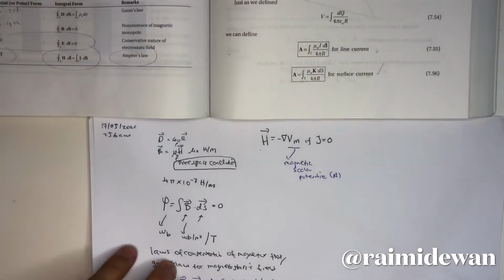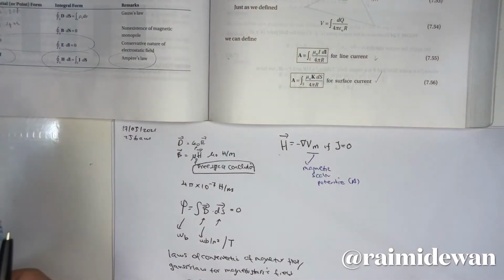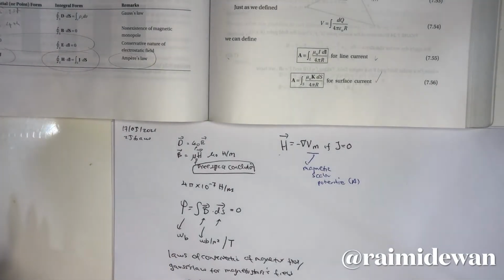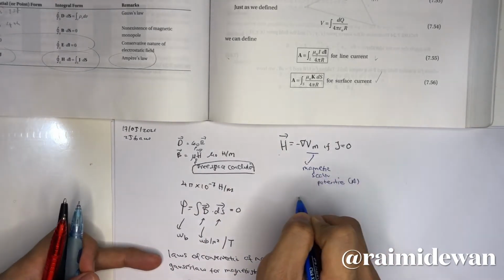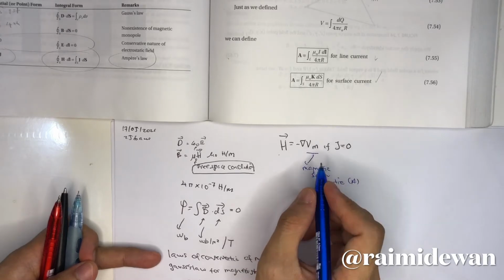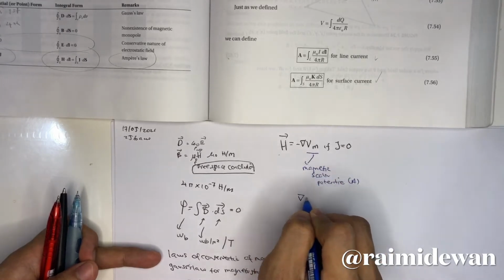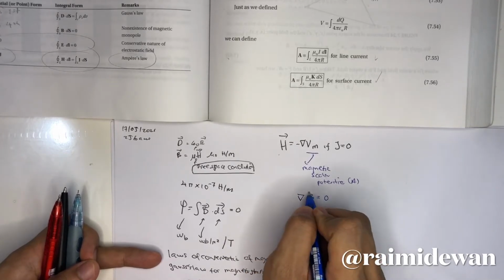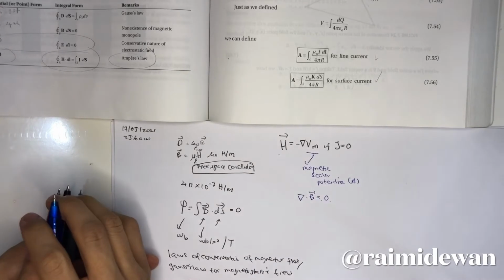And then after that, for the vector magnetic potential, in Weber per meter. Sorry. So you have the next. We know that we have divergence of B equals 0.